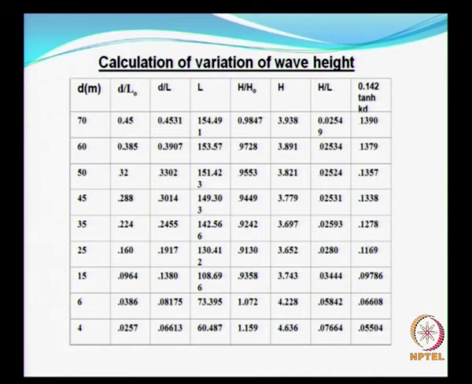So, all through you see that H by L is less than 0.142 tanh kd. So, this is less than this all the way until somewhere here you see that between 6 and 4 this is less than this, but then this value increases. So, that means the wave is going to break in between 4 and 6 meters.